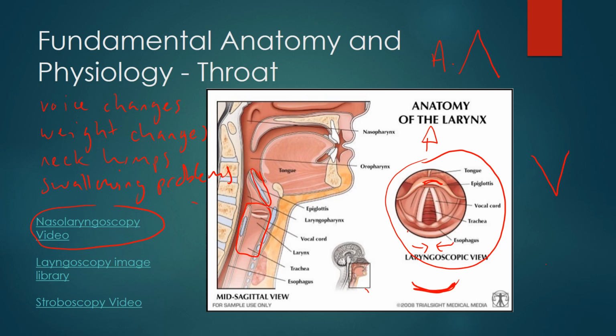With regard to voice changes, on one of the next slides, there's a video for you to watch that discusses the recurrent laryngeal nerve. So that's a branch of our 10th cranial nerve, which is the vagus nerve.